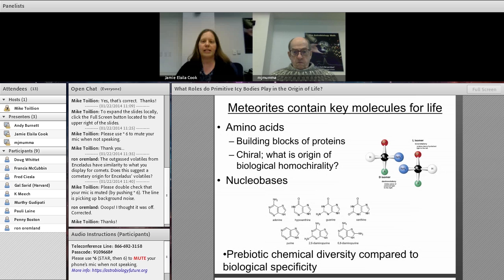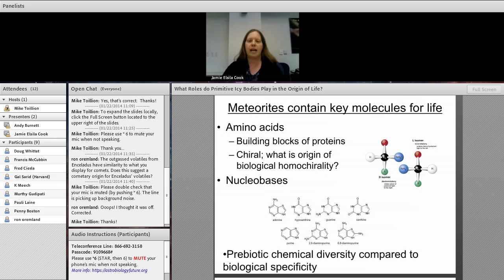I also point out nucleobases because a range of nucleobases and similar compounds have been detected in carbonaceous chondrites. And I show here a variety of compounds, some of which, like adenine and guanine, are used in DNA and RNA in life on Earth, but also some alternate structures that are produced by abiotic chemistry and show up in these meteorites, but aren't used much in life.